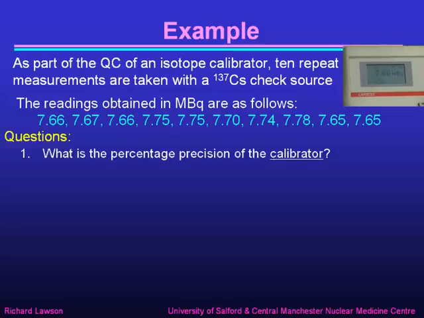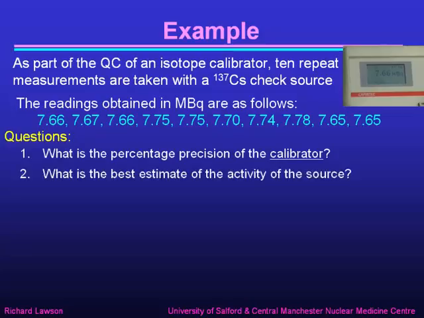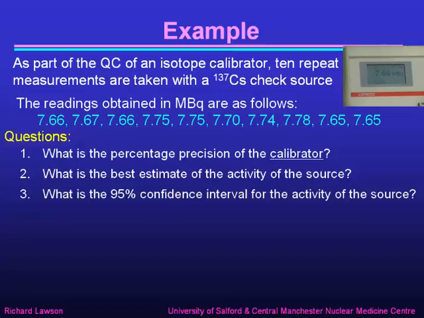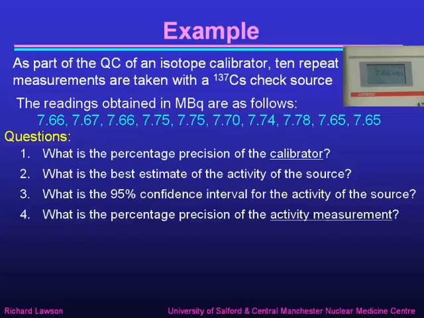So the questions that we would like to pose are, first of all, what is the percentage precision of the calibrator? Secondly, what is the best estimate of the activity of the source? Third, what is the 95% confidence interval for the activity of the source? Fourthly, what is the percentage precision of the activity measurement as opposed to the precision of the calibrator?